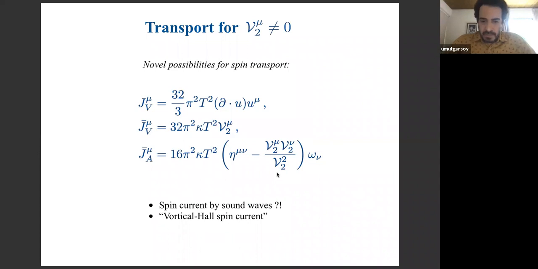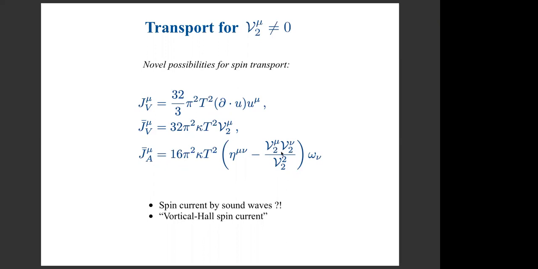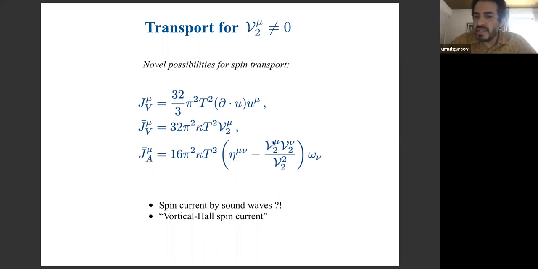So let me just skip. Well, yeah, let me not skip it, because there's some interesting novel transport that you can identify. For example, this one is generating some kind of vector component of the spin current proportional to del U compressibility, and there's a new term here that looks like a vortical Hall spin current in some sense, because this V2 is the source, but the spin current that you generate is perpendicular to both the source and the vorticity.